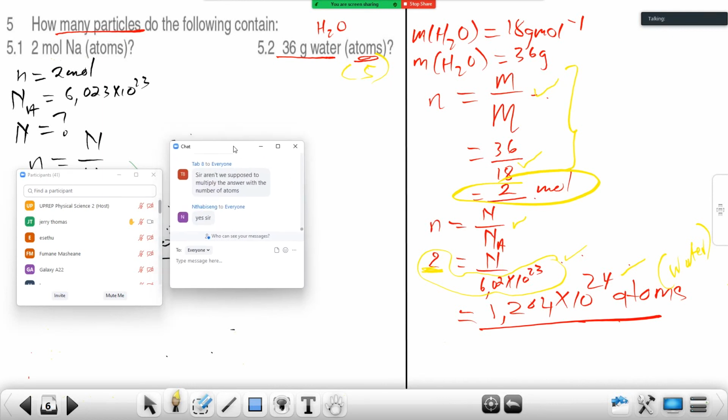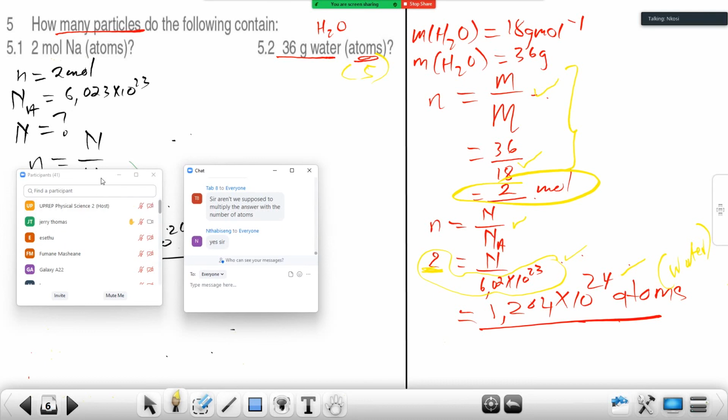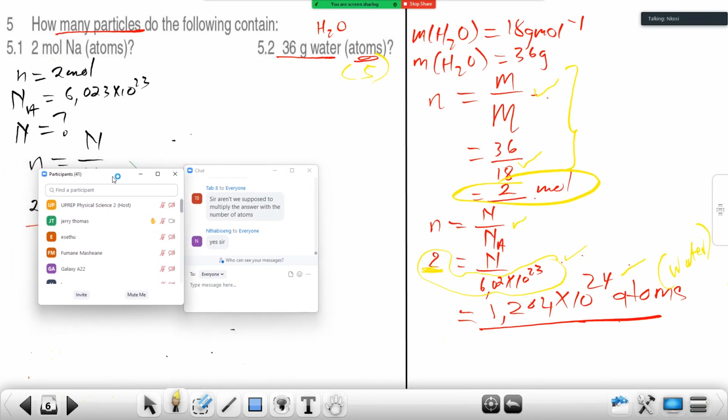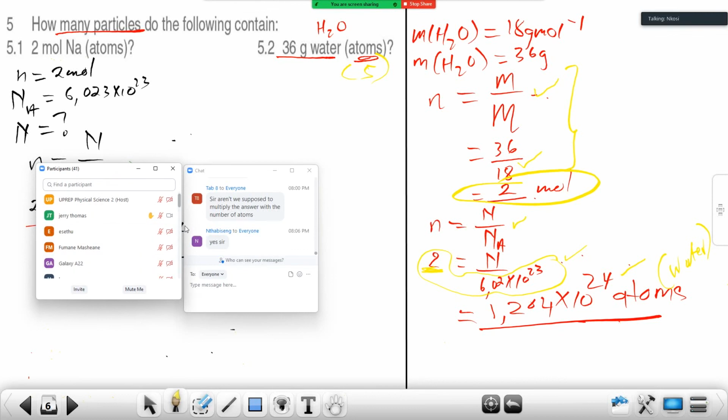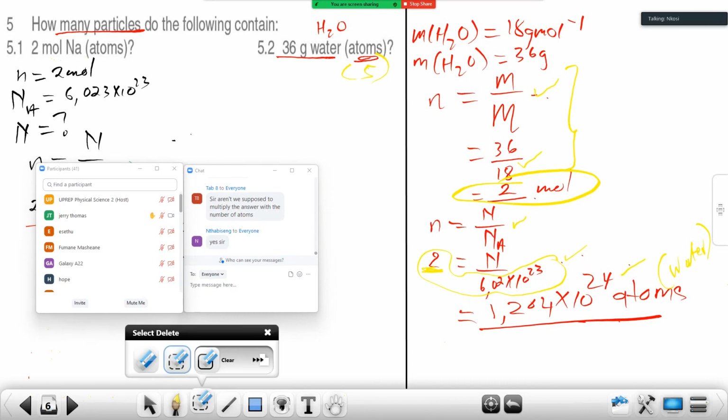Okay. Going back to your question, Muso, that's how it is. But I want you to understand, guys, the question here was not specific in terms of which atom you are calculating for. Water is a molecule. I fully agree. But it means this here should be the number of molecules as well, not atoms.